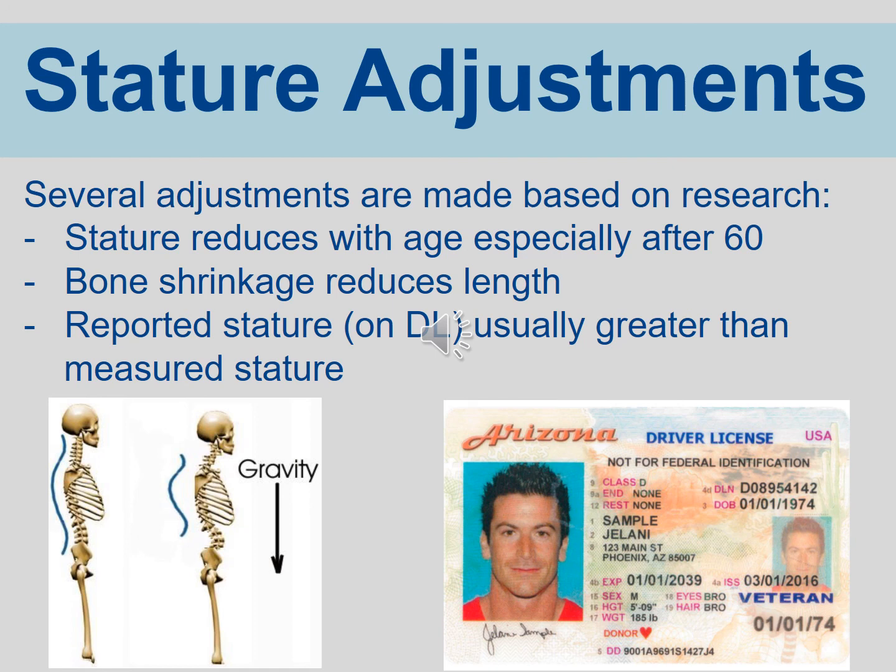Reported statures on driver's licenses, particularly for males, are usually greater than the stature we measure at a medical examiner's office or doctor's office, or even estimations that we get from just measuring bones. So that's something we also need to take into account. If we have a missing persons report and driver's license stature, we may try to find a medical record from a doctor's office where they actually measured it, and then compare that to the measurements that we get from the skeleton.